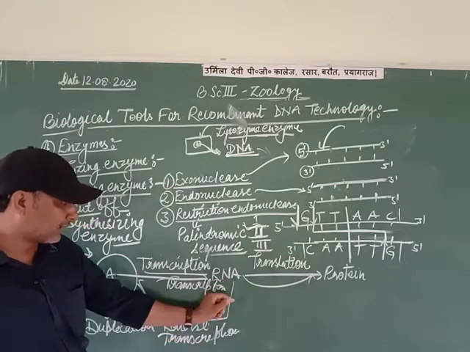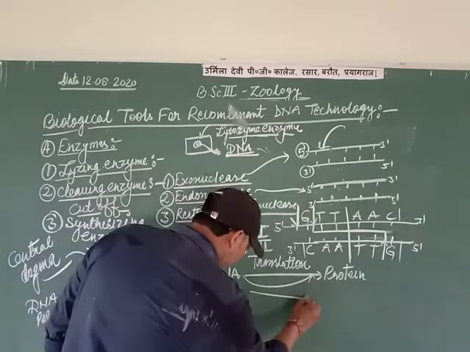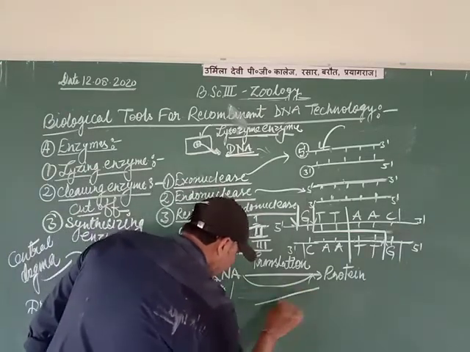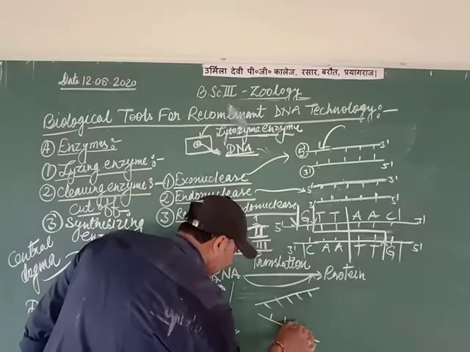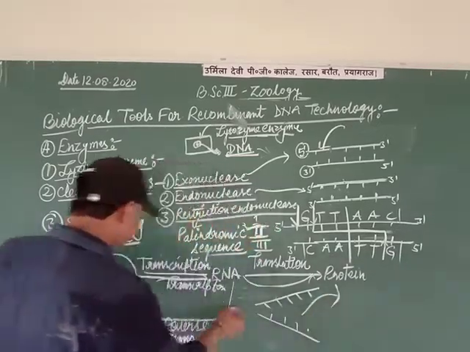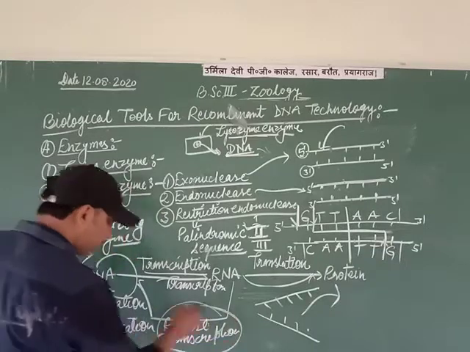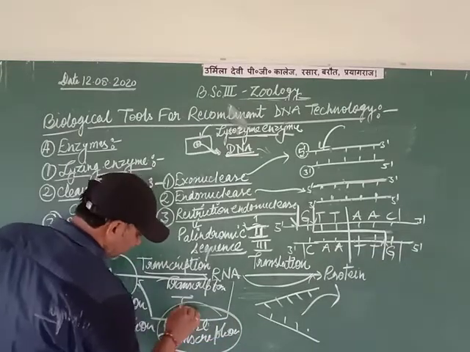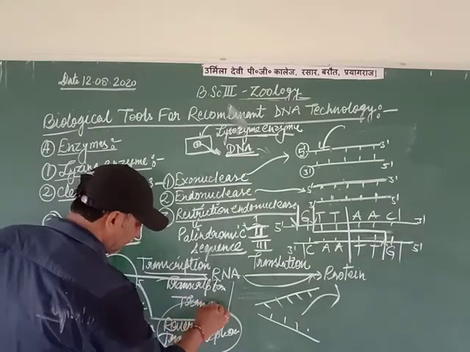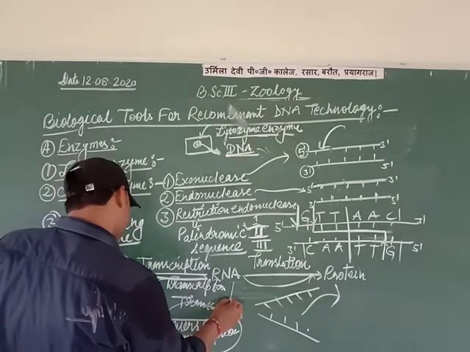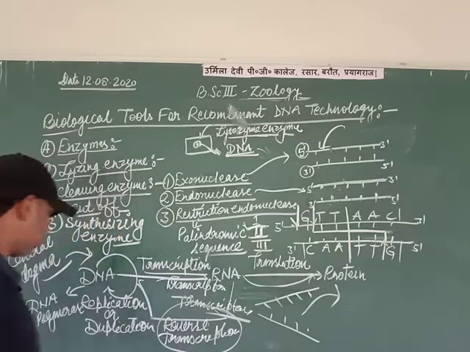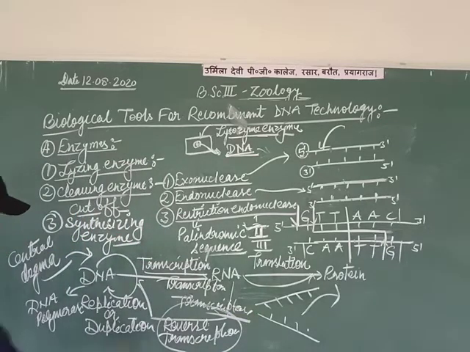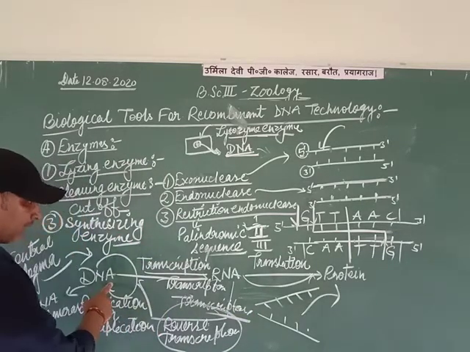When an RNA template is used and DNA is formed, it is called the reverse transcription process, and here the enzyme used is reverse transcriptase, so that DNA is formed.